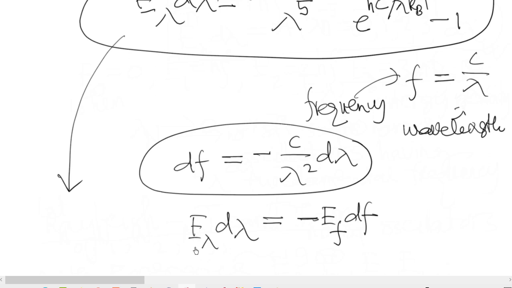That means energy per unit volume per unit wavelength, and this spectral energy density Ef is the energy per unit volume per unit frequency. This negative sign is because as lambda increases, f decreases, or lambda decreases, f increases, and that is why this negative sign is used here.